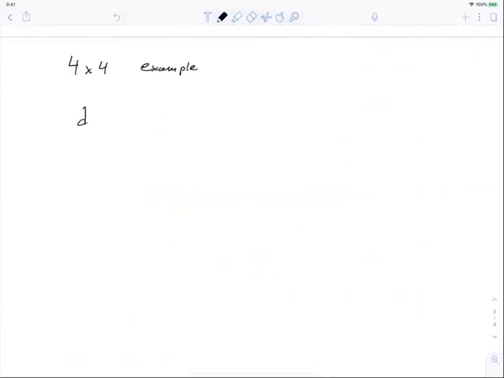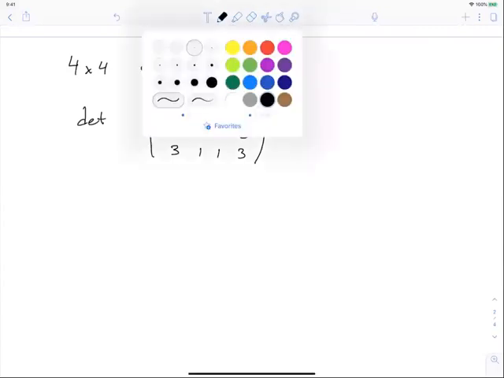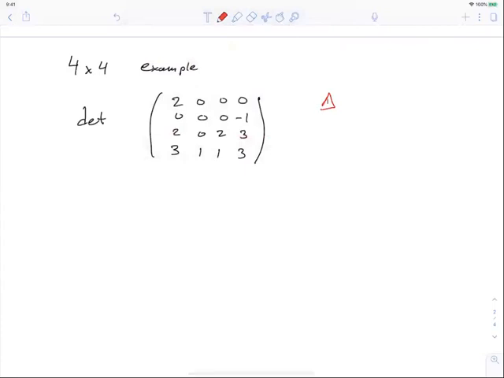So we want to compute the determinant of a nice matrix. This matrix is going to be a little sparse, meaning it has some zeros in it. And one thing I should caution you with is that we are not going to list out all the patterns.